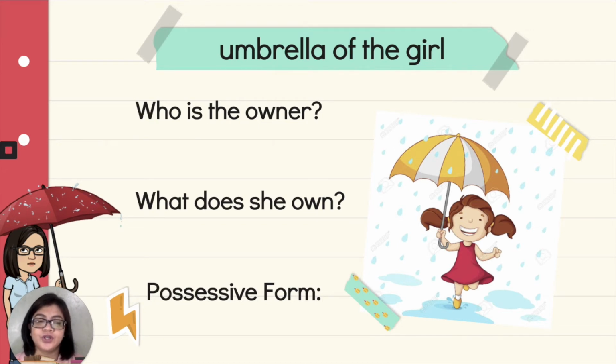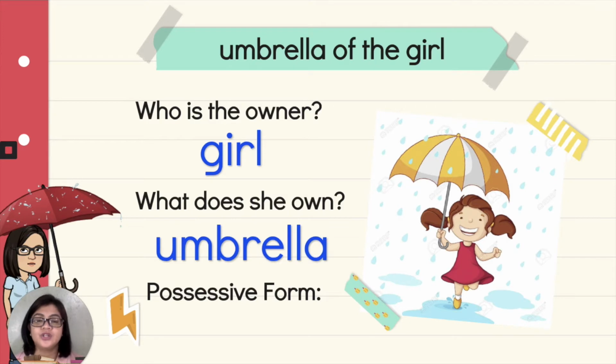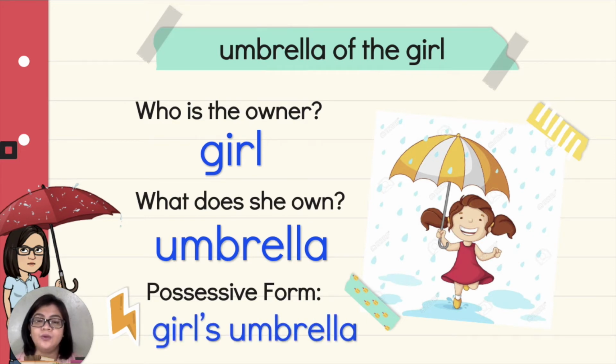First question, who is the owner? The girl is the owner of the umbrella. And what does she own? She owns an umbrella. So if we're going to write it in the possessive form of noun, we will write it as girl's umbrella. As you can see here, girl's umbrella.